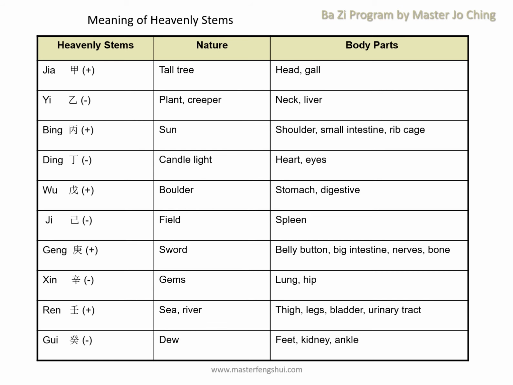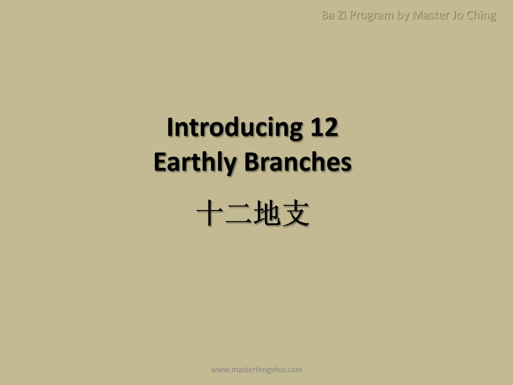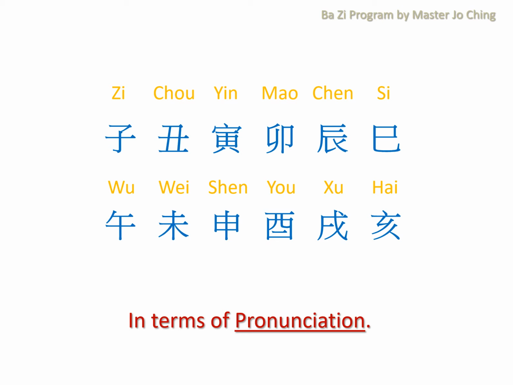Okay, so let's move on. Let me introduce to you the 12 earthly branches. All these stems and branches were supposed to have been invented during the Yellow Emperor's time, according to some online sources. Their main objective was to measure time.